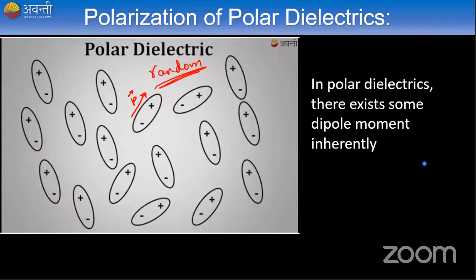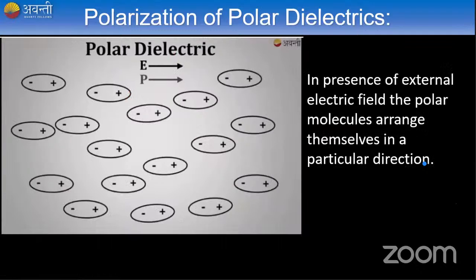So what happens when I apply a uniform electric field to this? My dipole moment direction is random in this case. Yes, correct, Dhanush. When I introduce this polar dielectrics in the presence of uniform electric field, all of the polar dielectrics will align in one particular direction.